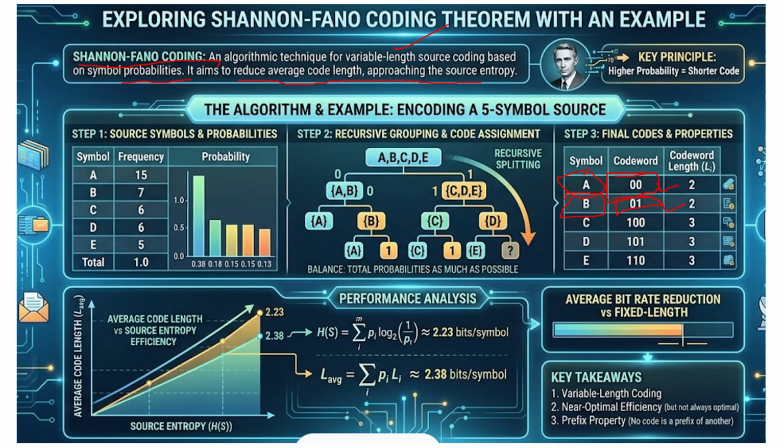Now the question is how we will do this. Suppose we have the information A, B, C, D, E. What we will do is divide it into two teams. One team may contain the A, B information, and another team may contain the C, D information. To team 1 we will assign one value, that is 0, and to team 2 we will assign another value, like 1.